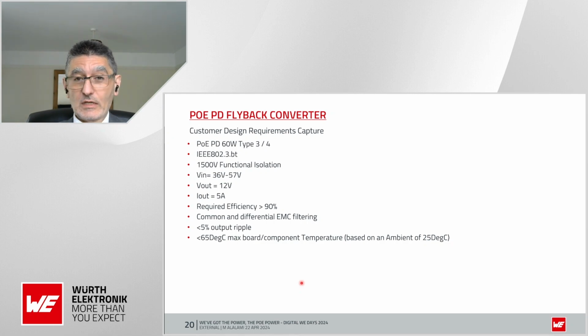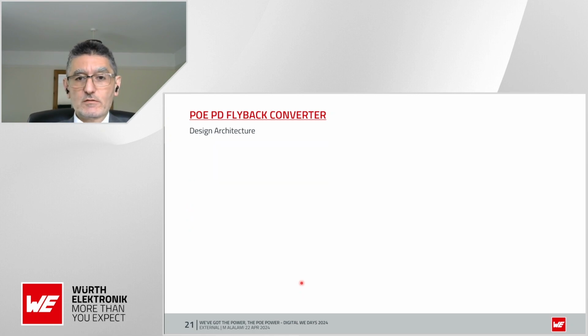Thermally, this was a key criterion for the customer. We needed to keep the temperature as low as possible, preferably less than 65 degrees. And the customer is quite aware of the EMI issues, having done this design in the past with other modules, and he was also looking for common and differential mode filtering for this filter. So there were quite a few different requirements that we needed to achieve.